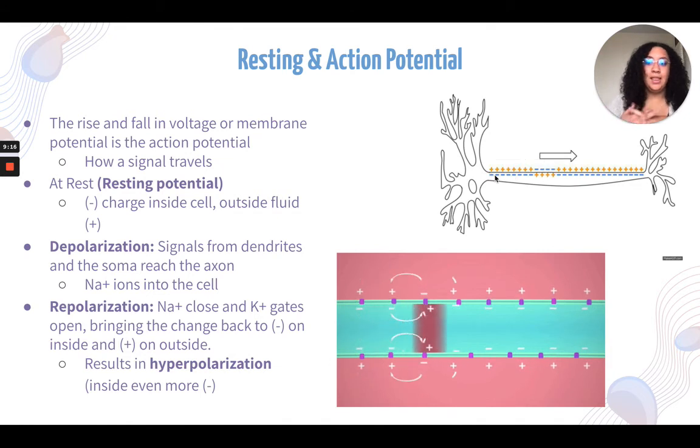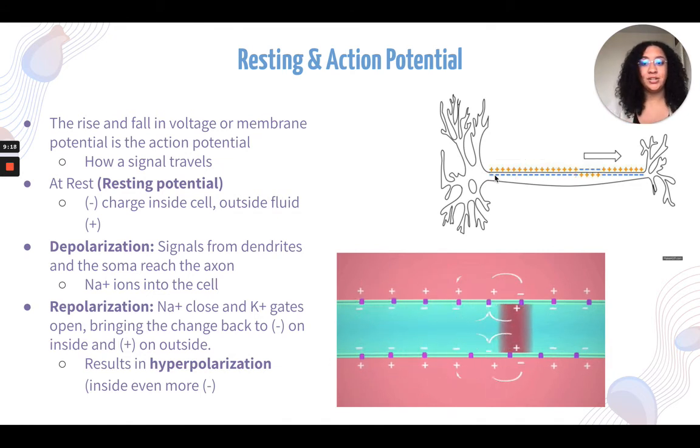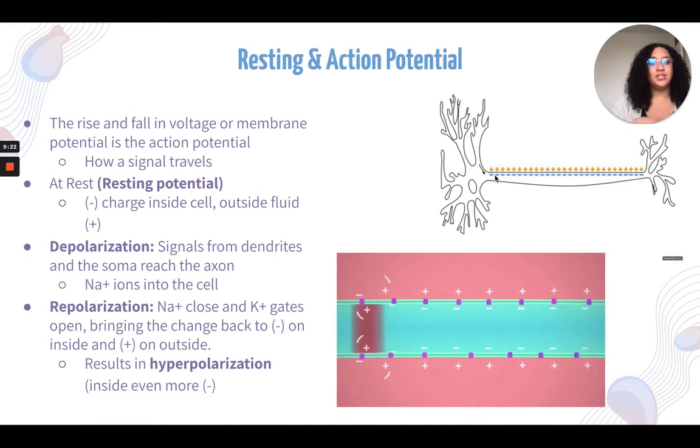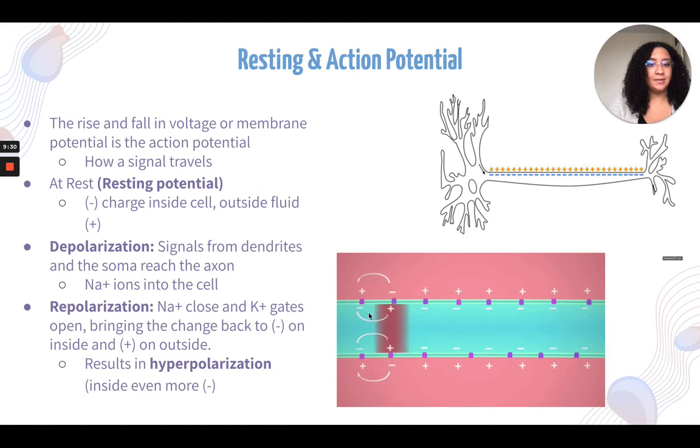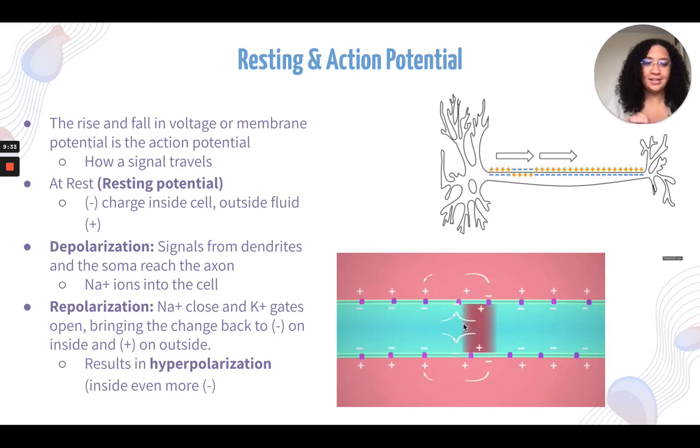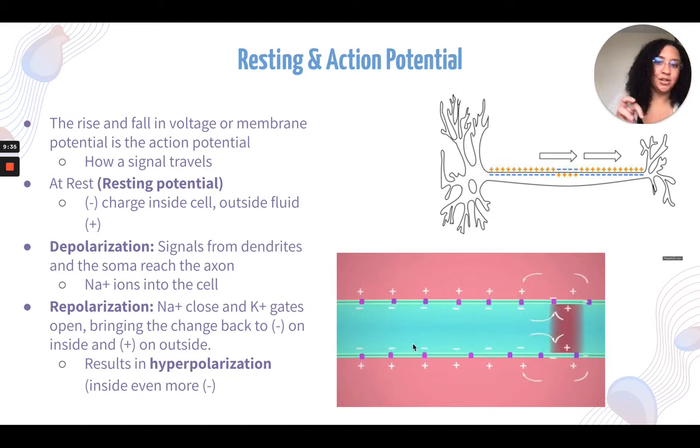Okay, and then when depolarization occurs, that's when signals from the dendrites reach the axon. And when that happens, as you can see right here, sodium ions enter the cell and kind of flip that negative and positive charge.